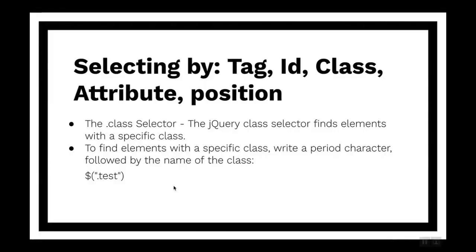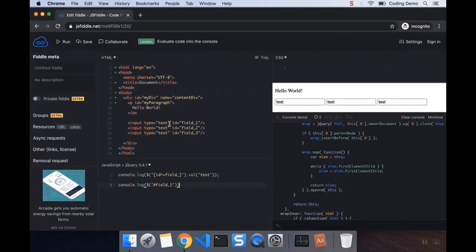To find elements using a specific class, we use the period character followed by the name of the class. So let's say we were to give this a class of, let's say, my div class.